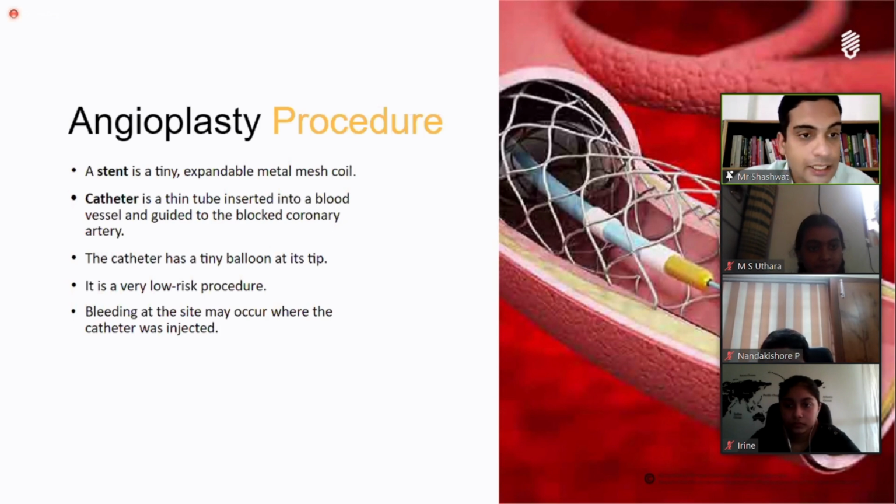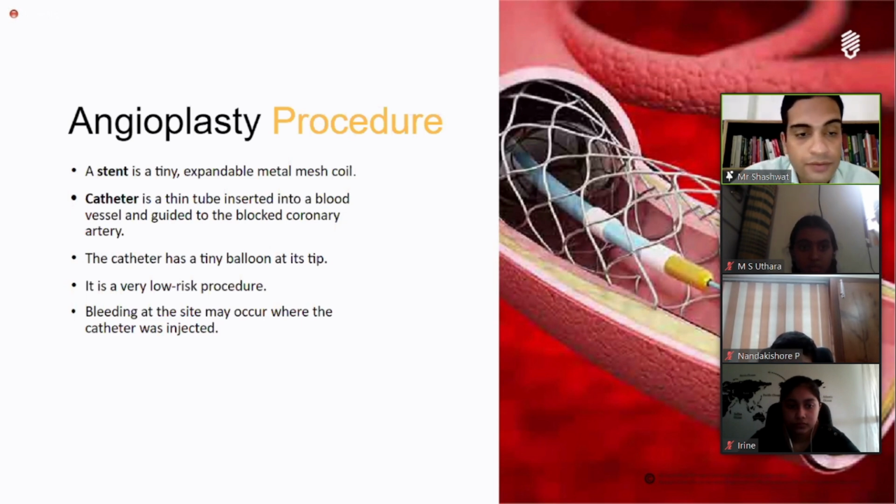Now another thing you have to keep in mind is the catheter. A catheter is a thin tube which is inserted into a blood vessel and guided to a blocked coronary artery, to the area in the blood vessel where you have the blockage.